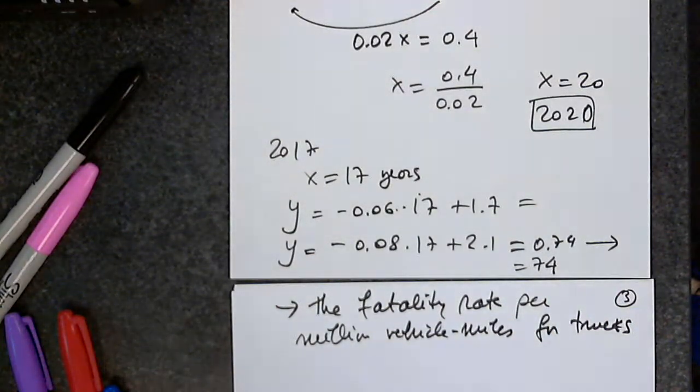Apparently, according to the model, if the model still holds, 74 people die every million miles driven by trucks. 74 people die from accidents, from getting off the road, and so on and so forth.